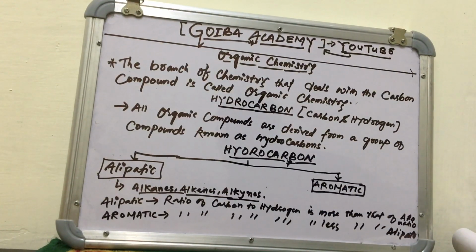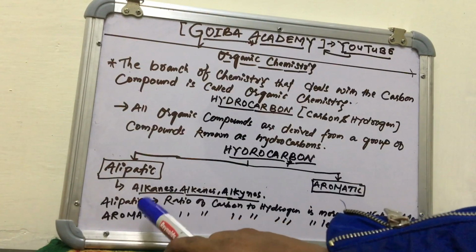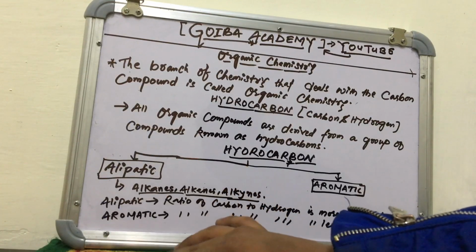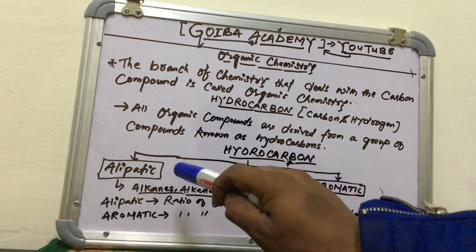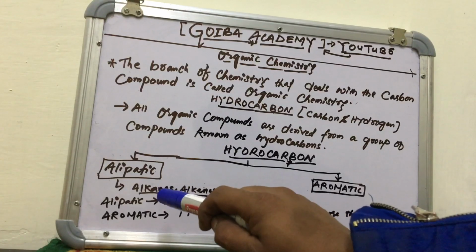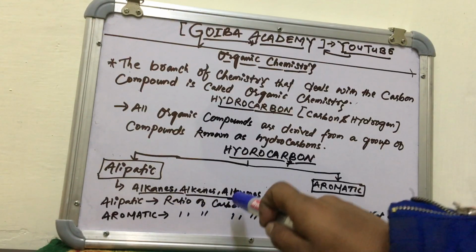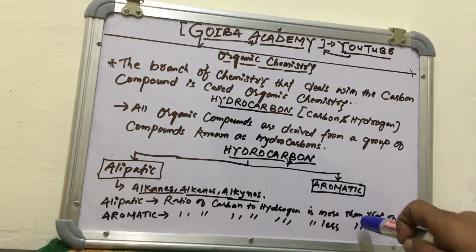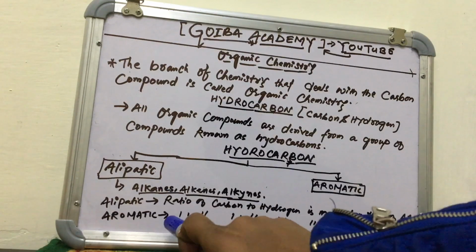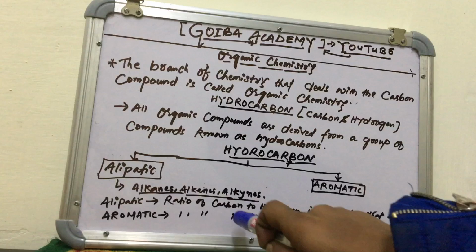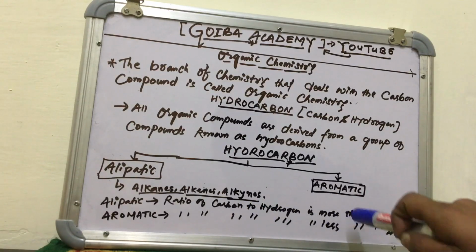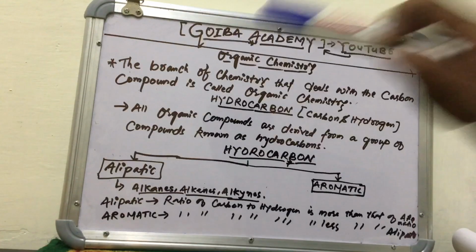Both are hydrocarbons, but there is a slight difference: the ratio of carbon to hydrogen is more in aliphatic than in aromatic, and in aromatic it is less than in aliphatic.